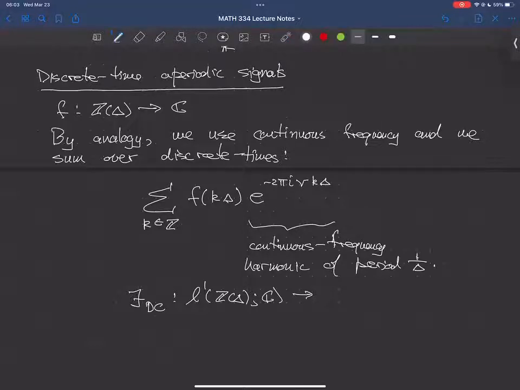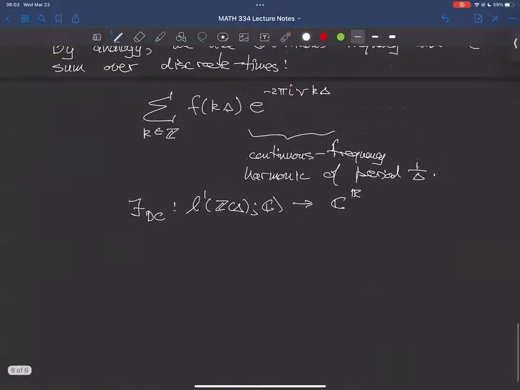All we know now is that this is a complex valued function on the real line. It should be periodic with period 1 over delta, just because each of the terms in the sum is, but at this point, this is all I'm going to write. And so this takes an f, which is in little l1, and maps it to this function of frequency.